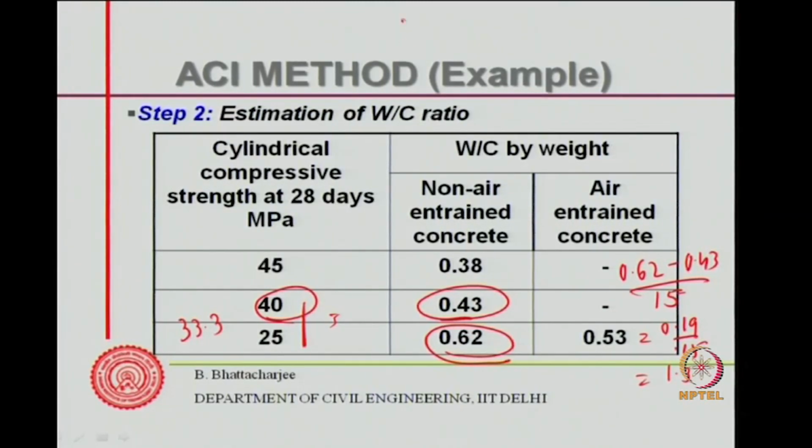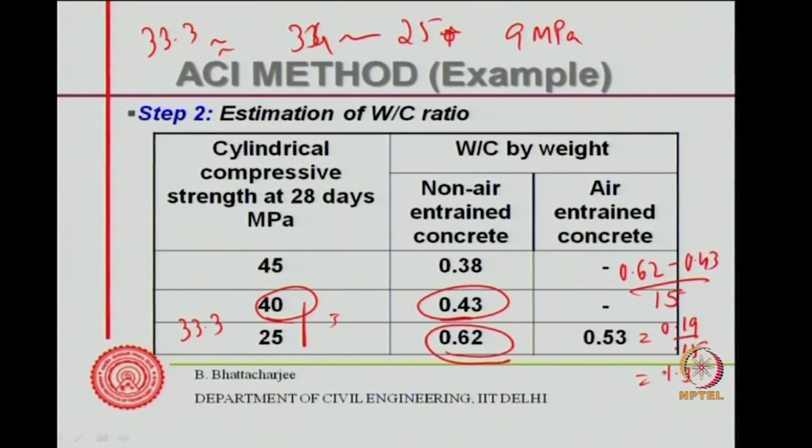Taking 34 minus 25, which is 9 MPa, the water cement ratio has to be reduced accordingly.